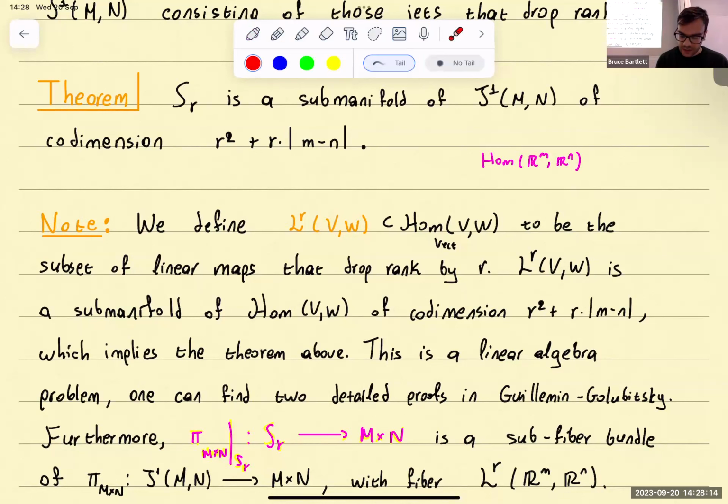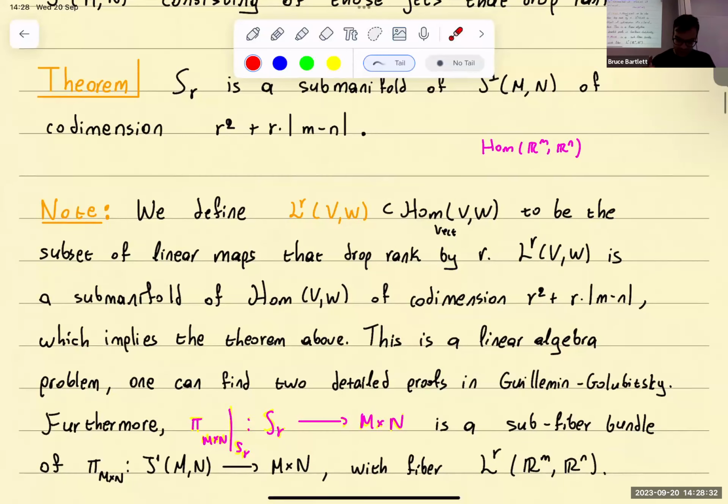And this guy here is the subspace of this guy, which consists of all those linear maps from R^m to R^n that drop rank by R. But I thought it was like from M to N, not from R^m.